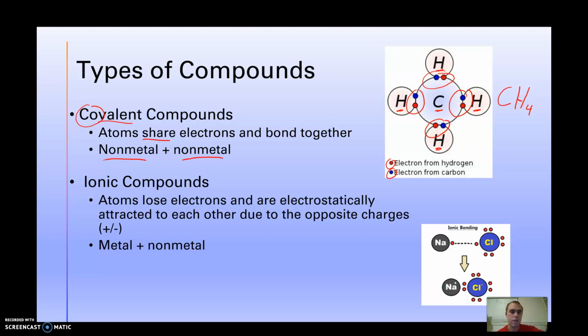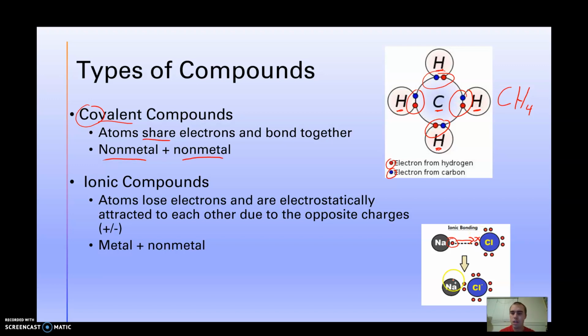Ionic compounds, however, involve the transfer of electrons. So sharing happens up here with covalent. Ionic involves the transfer of electrons. Sodium having 1 valence electron is going to give that valence electron to chlorine so that chlorine can fill this open spot right there.